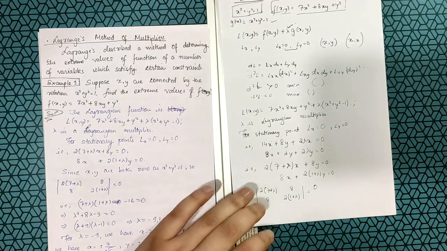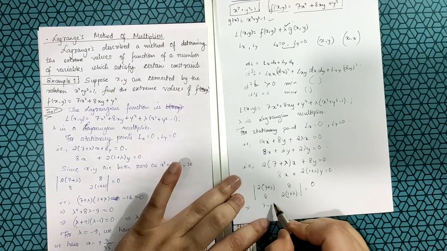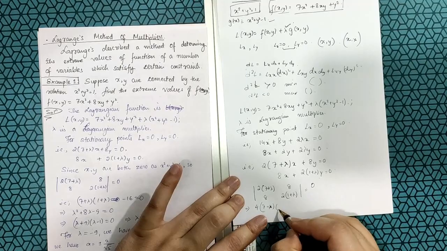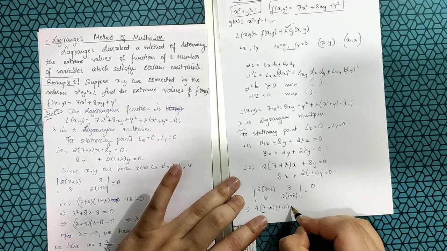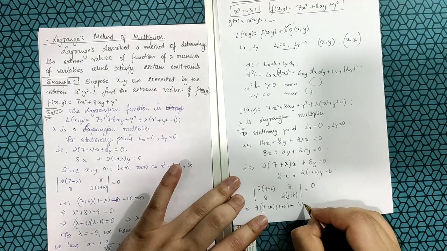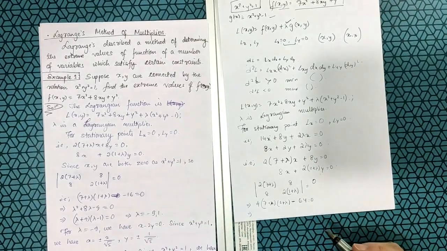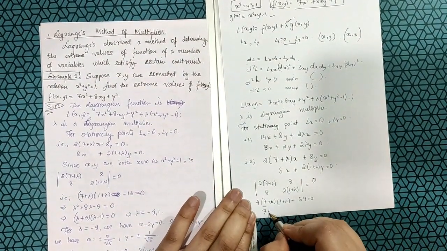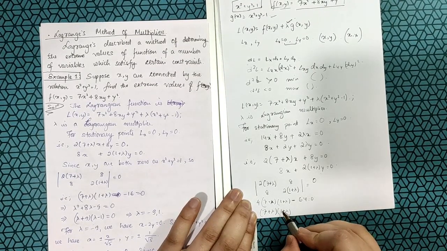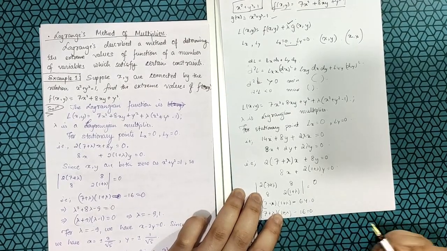The determinant will be 0. So what we get is 4 times (7 plus lambda) times (1 plus lambda) minus 64 is equal to 0. If we take 4 common and divide throughout, we get (7 plus lambda)(1 plus lambda) minus 16 is equal to 0.